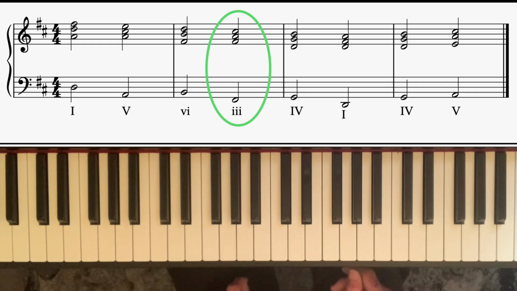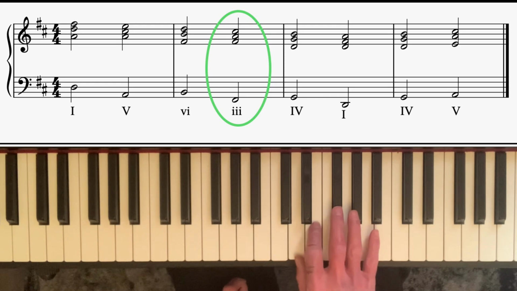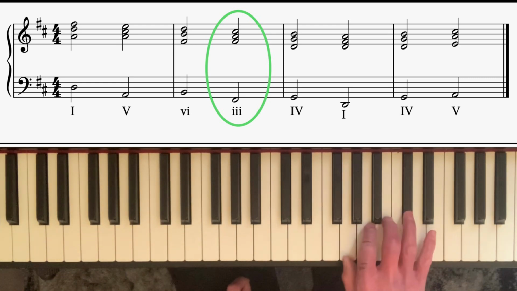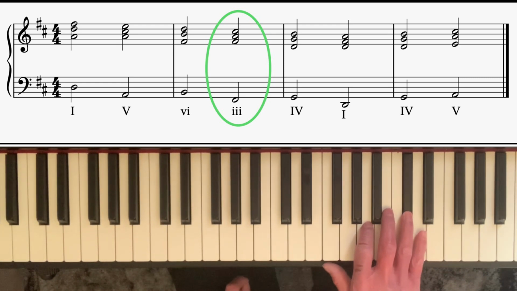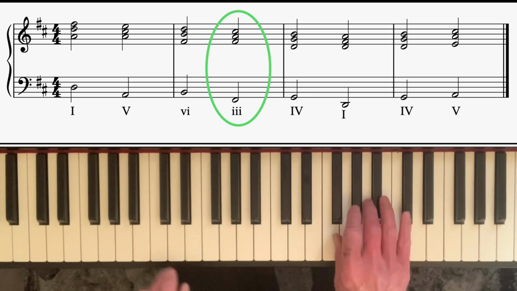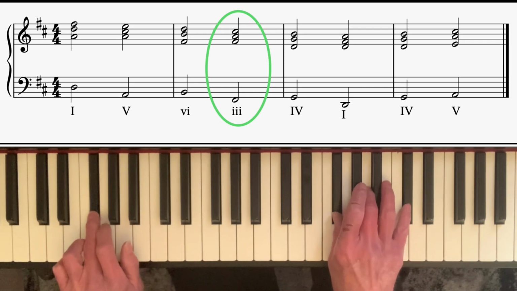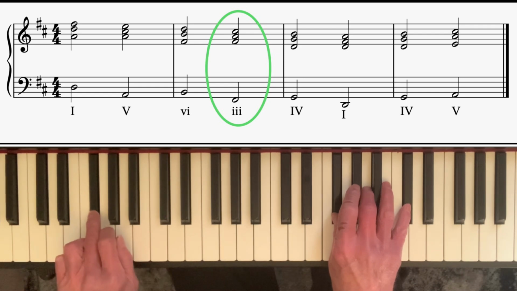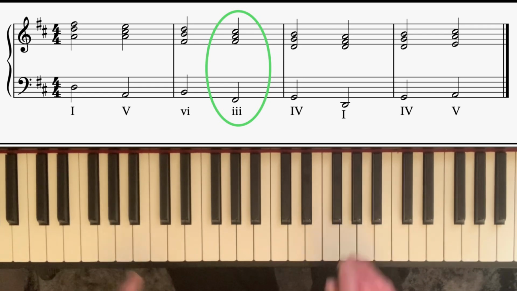So in the example of Canon in D, the seventh note in D major, 1, 2, 3, 4, 5, 6, 7, is C sharp, and that was harmonised with this chord, F sharp minor, which is chord 3 or the mediant chord in the key of D major.